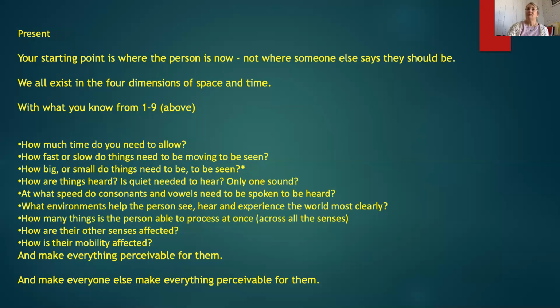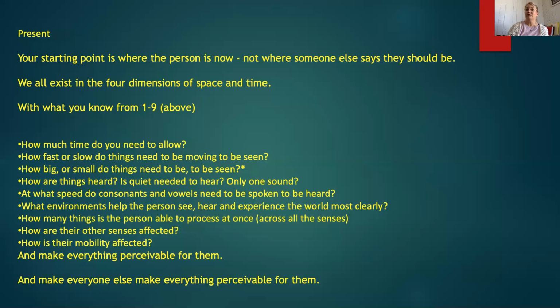Or if you're doing a project, how they can chunk that up or compartmentalize and how much time do they need to be able to do that? Think about how fast or slow things need to be moving in order for that person to see them. Oftentimes, movement is a key factor in a CVI, and that's something to be thought about and to be noticed.